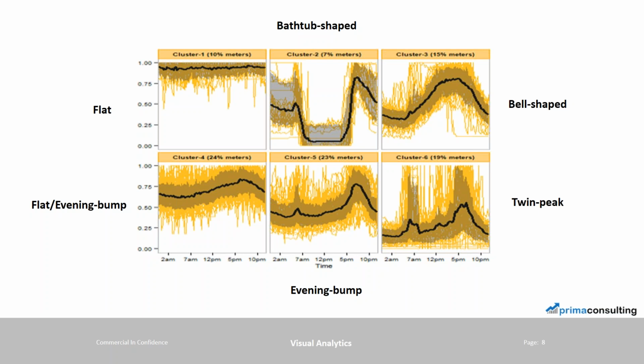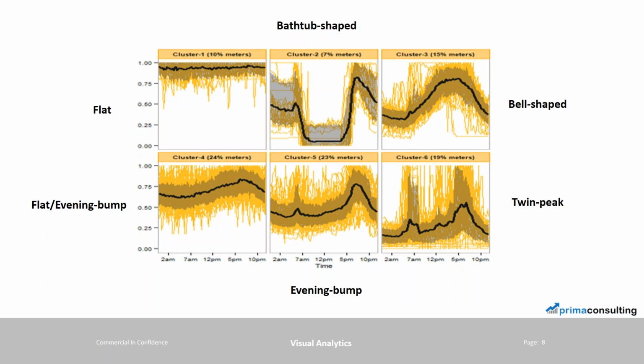You can see the bell-shaped ones will be really good for selling PV or solar, and the evening bump, down here, will be really good for selling solar panels and batteries.